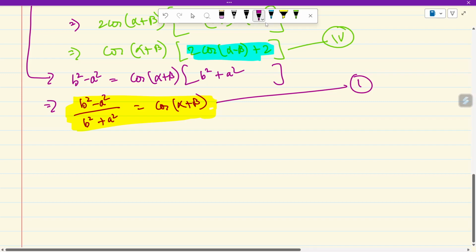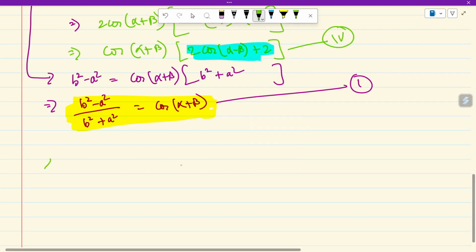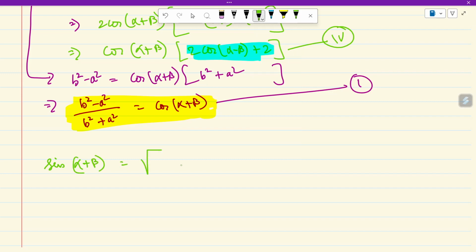Since you have found cos alpha plus beta, it becomes very easy to find the value of sin alpha plus beta. We will write sin alpha plus beta is equal to root under 1 minus cos square alpha plus beta.